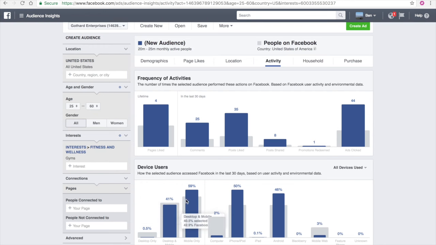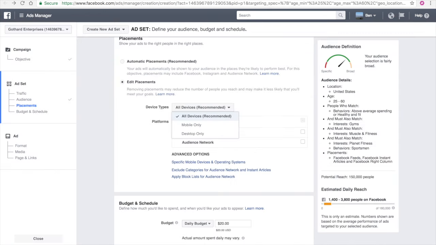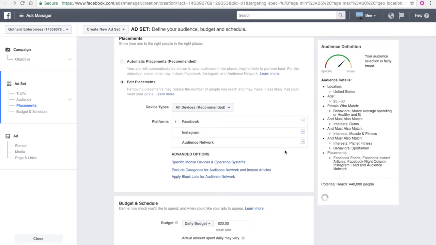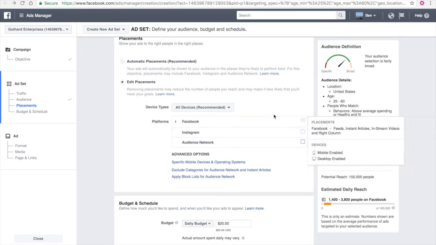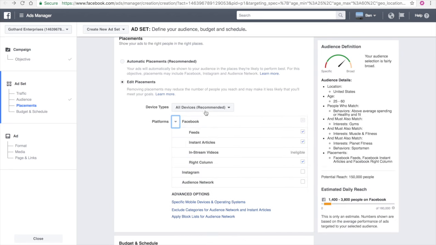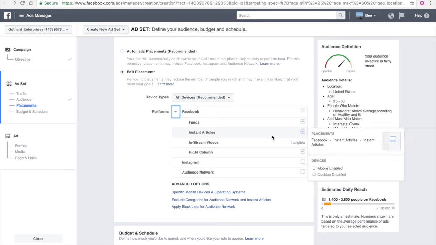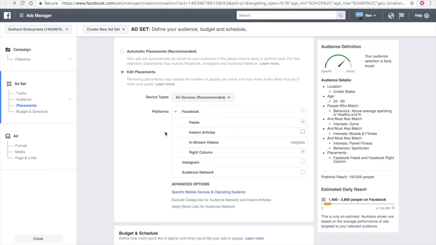So I would start this off and test it for mobile and desktop only and see what gives our best result, and then move forward with that. So again, we're going to start just with Facebook. We're going to absolutely not do instant articles, because as of right now, they're not worth your investment.